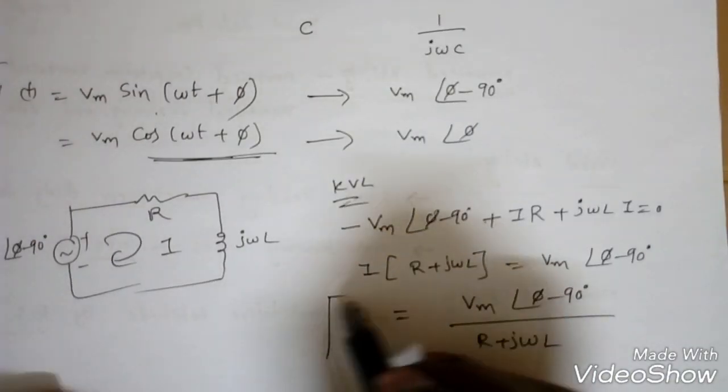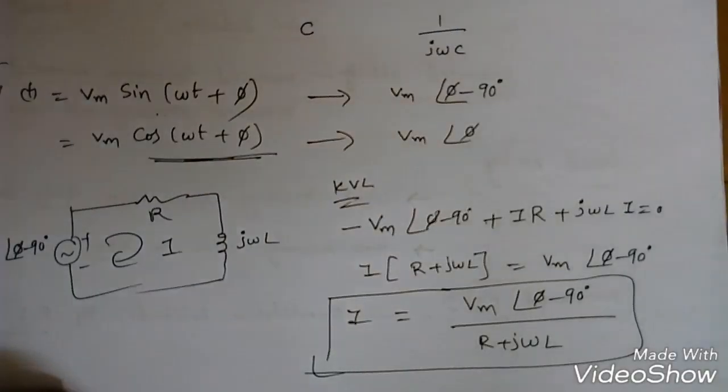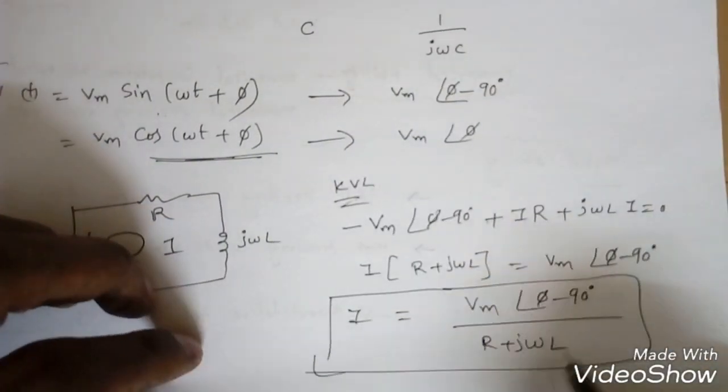Now to find the I of t, this is a complex, so we'll find the magnitude as well as the phase.